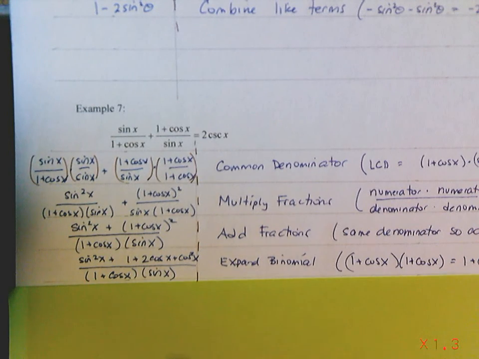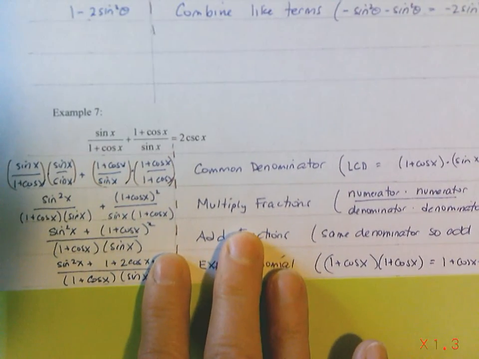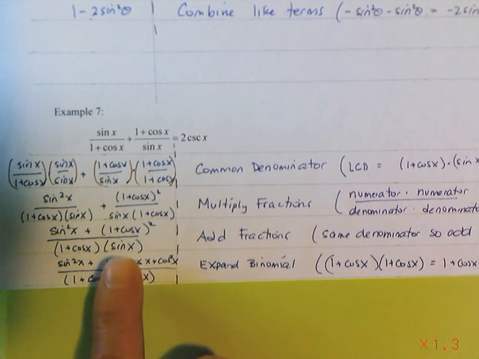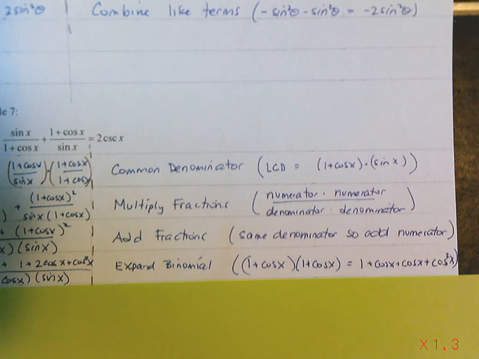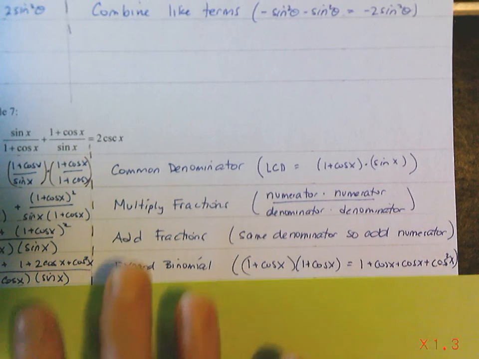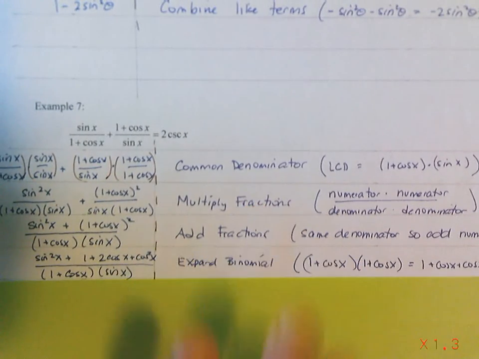This is where you're going to have to be careful. When I multiply 1 plus cosine x times 1 plus cosine x, it's a binomial. Over here on the right hand side I show you how I did it. 1 plus cosine x, 1 plus cosine x. Multiply the first terms, the outside, the inside, and the last terms. So that's where I get 1 plus 2 cosine x plus cosine squared x.